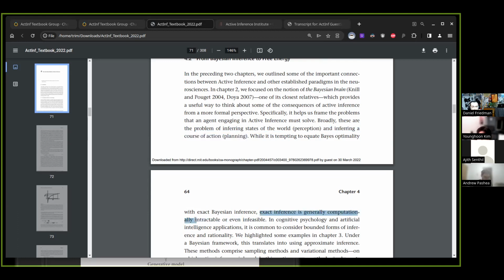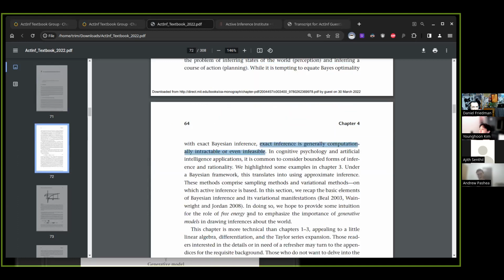Exact inference is generally computationally intractable or infeasible. Separate from that limitation, in psychology, often what's being considered is bounded rationality, or constraint-limited cognition.